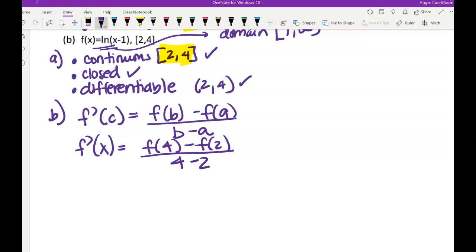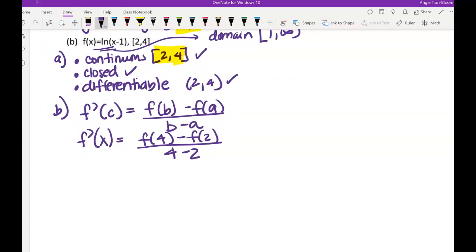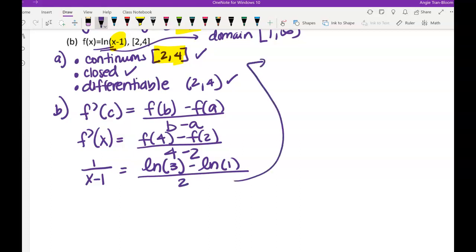The derivative of natural log, students, is going to be 1 over x minus 1. Technically, we would need to multiply by the derivative of the inner, by the chain rule, but the derivative of x minus 1 is just 1. So that's going to give us f of 4, natural log of 4 minus 1 is 3. F of 2, 2 minus 1, is natural log of 1, all divided by 2.